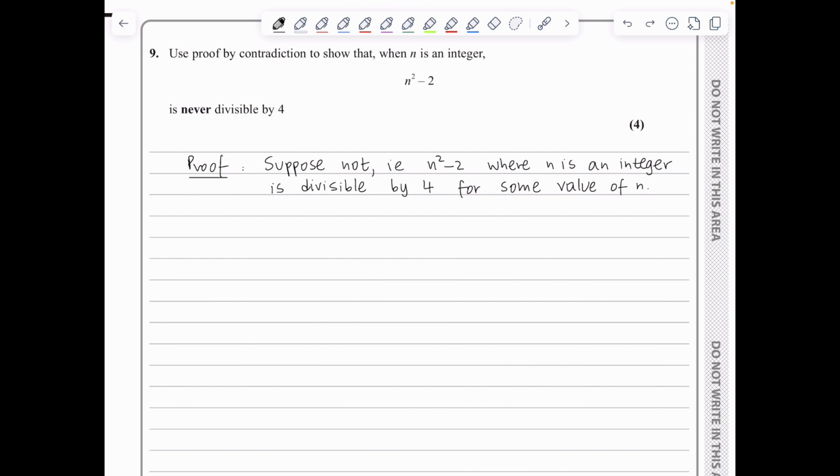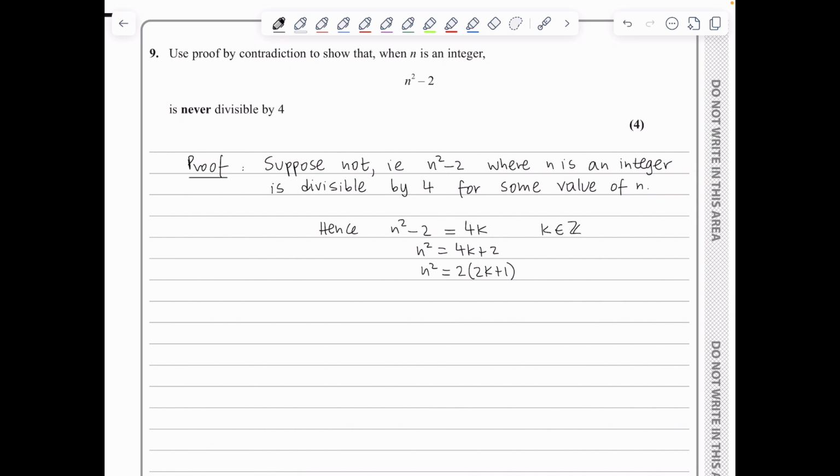And therefore I can proceed. Since this is divisible by 4, we can conclude that n squared minus 2 must be 4 times an integer k. So k belongs to the set of integers. This means that n squared is equal to 4k plus 2. And on the right hand side, we can factor out the 2, leading to 2 times 2k plus 1.